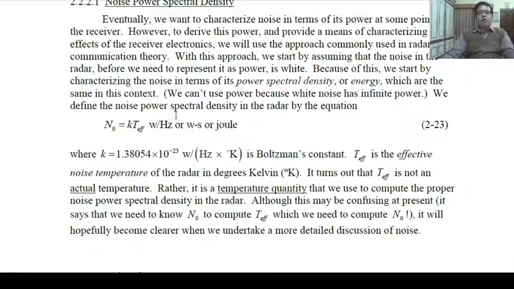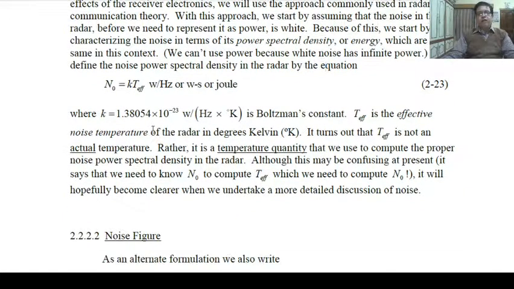We define the noise power spectral density in the radar range equation by N0 equal to k T effective, where k is the Boltzmann constant and T effective is the effective noise temperature. It turns out that T effective is not an actual temperature.